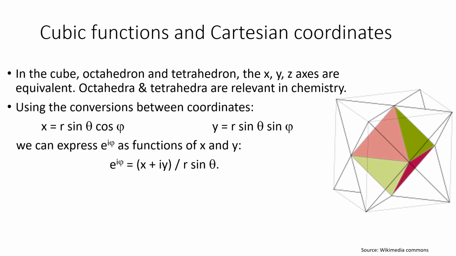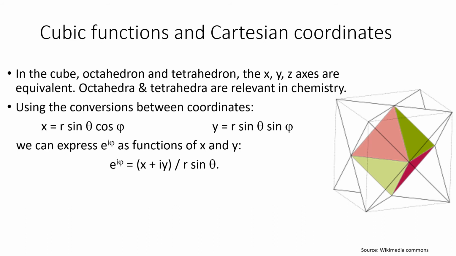And what's quite neat about this is that rather than working in this spherical way, we can now start expressing things in terms of, for example, x and y coordinates, and this becomes quite interesting, because our e to the i phi, remember we said that is cos of phi plus i sine of phi, the Euler equation.